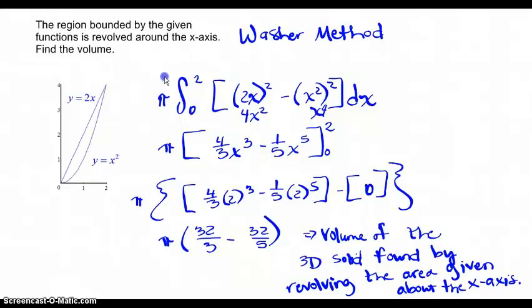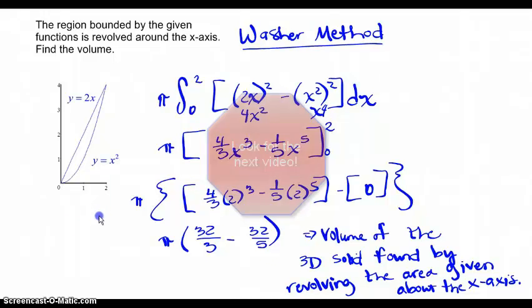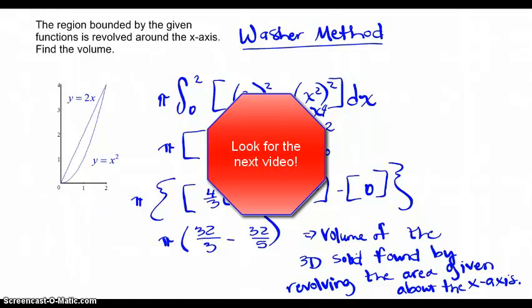So pretty cool. If we revolve the area, the region in the plane, around an axis or a line, and it has a hole in the middle of it, we're not using the disk method, we're going to use the washer method. I have more examples to do, so look for the next video.